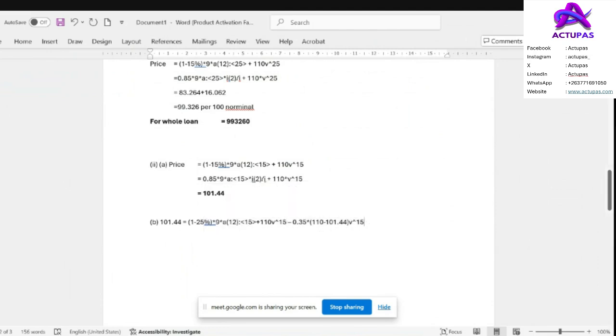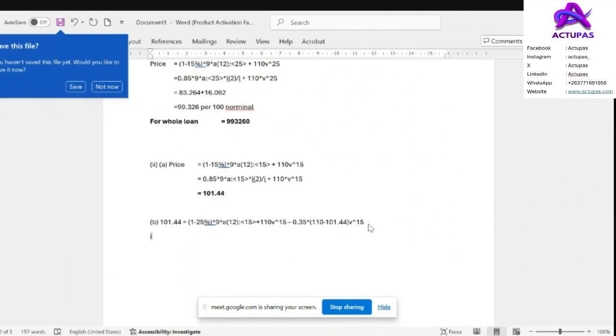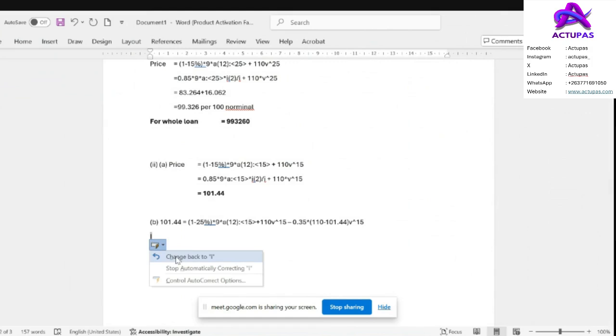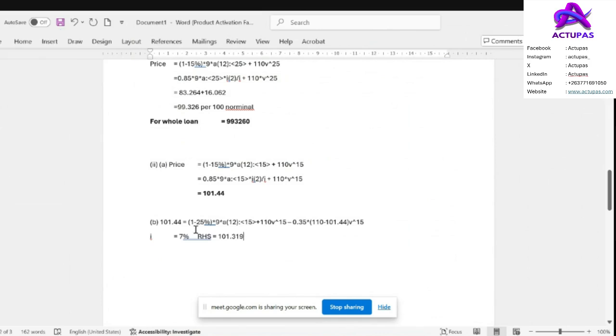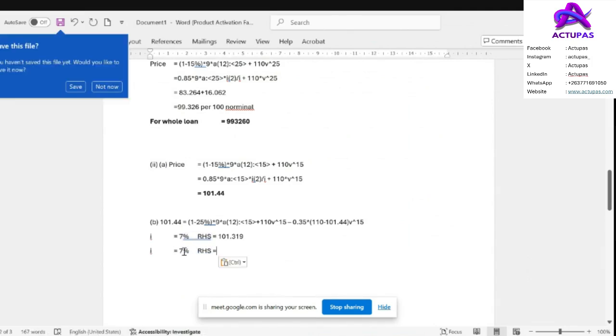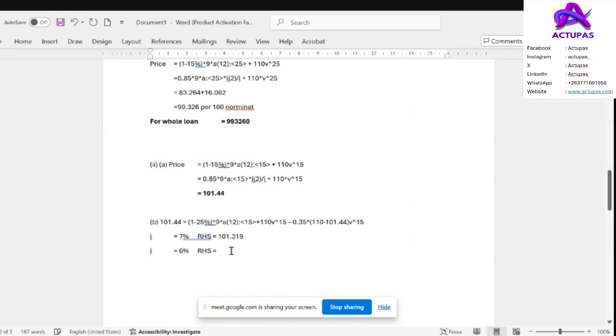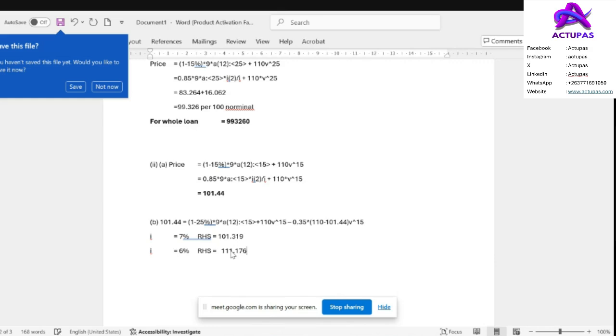At an interest rate of 7%, we can get the right hand side of this equation being 101.319, and then with an i of 6%, try something lower, we get 111.176. So we then interpolate between the two.